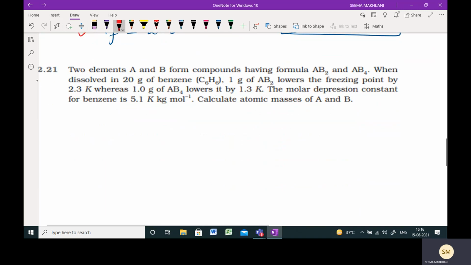This is a slightly tricky or a slightly heavier question. Let's see to it. Two elements A and B, they form two compounds. One is AB2, the other is AB4.